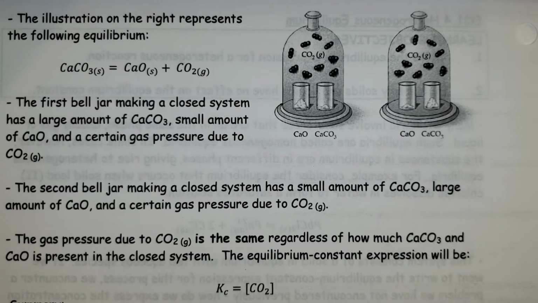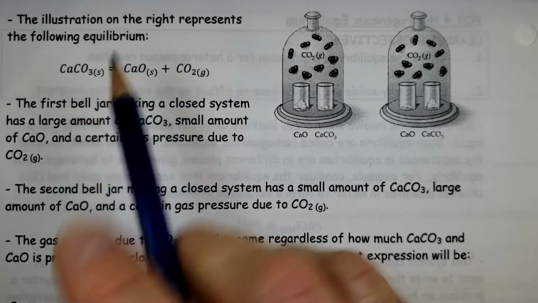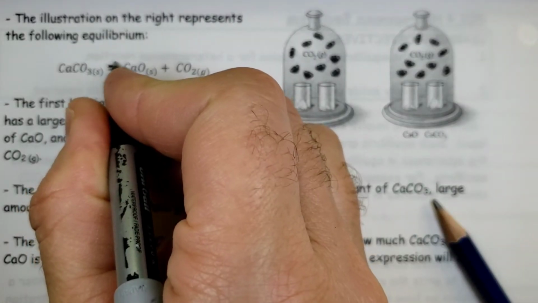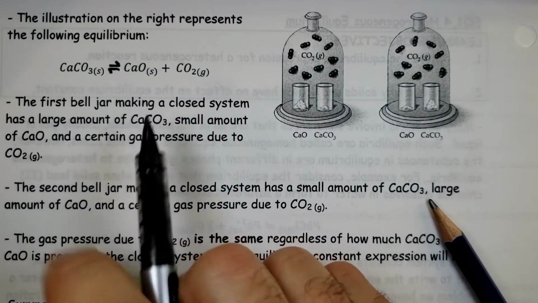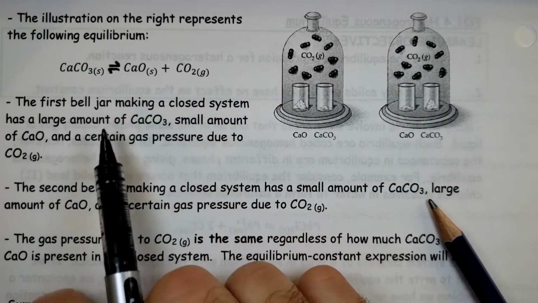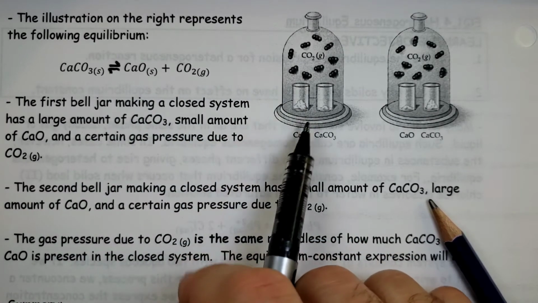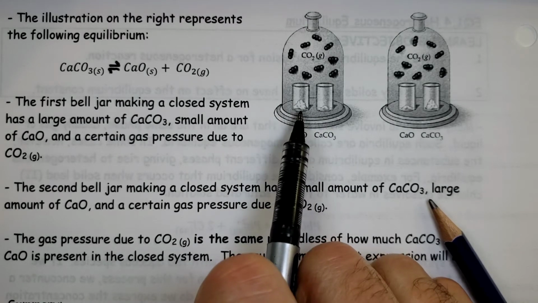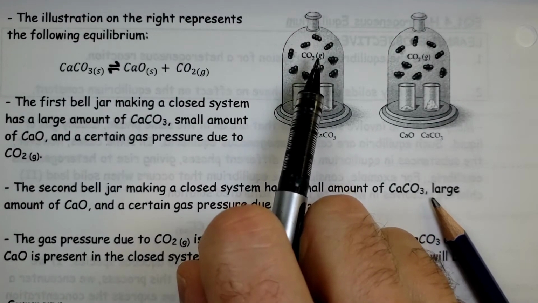If we look at the next page, the illustration on the right represents the following equilibrium: calcium carbonate, and this should be a little equilibrium sign, not equals, solid calcium oxide and carbon dioxide gas. The first bell jar, making a closed system, has a large amount of calcium carbonate in it, as we can see, and a small amount of calcium oxide and a certain gas pressure due to CO2 floating around.